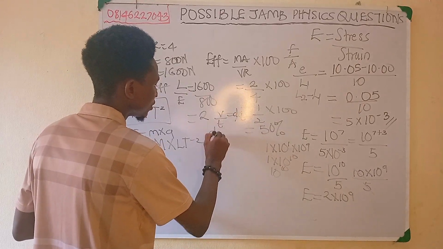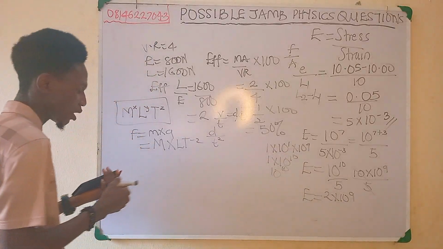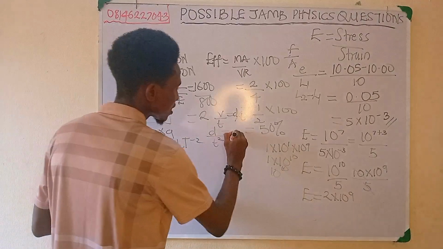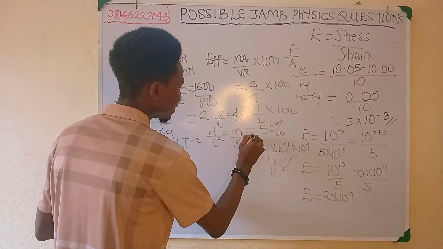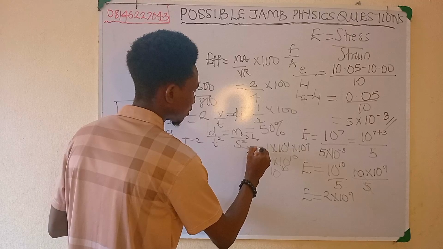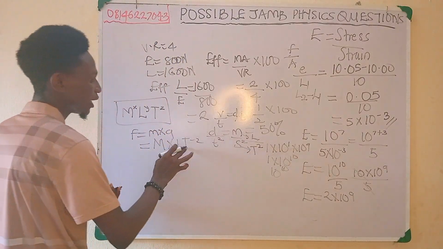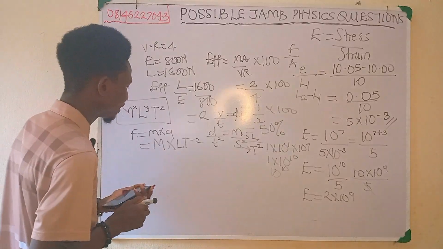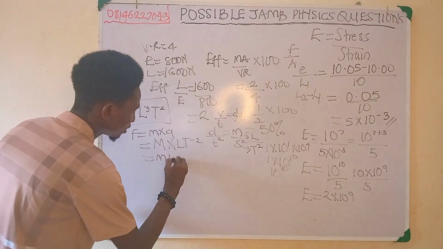So we are going to have displacement over time squared, which gives us meters per second squared. The dimension for meter is length, and the dimension for seconds is time. So you have L over T squared, which is LT minus 2. So we have the dimension for force as MLT minus 2.